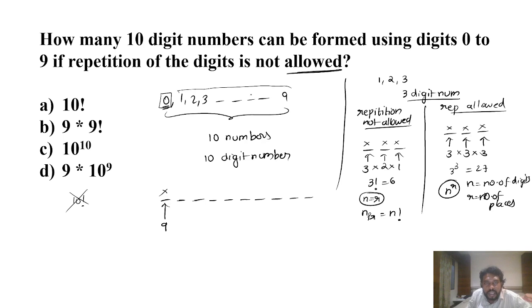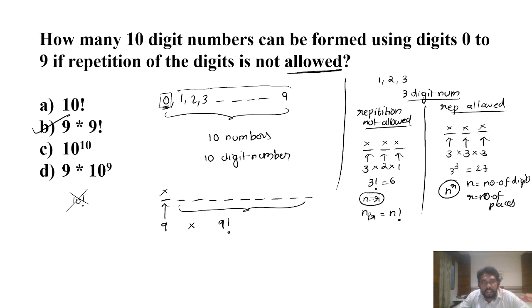So out of these 9, 8 numbers are available, and I can use 0 now. Correct? So in total 9 numbers are there, 9 numbers for 9 places. It would be 9 factorial ways. So the answer is 9 into 9 factorial.